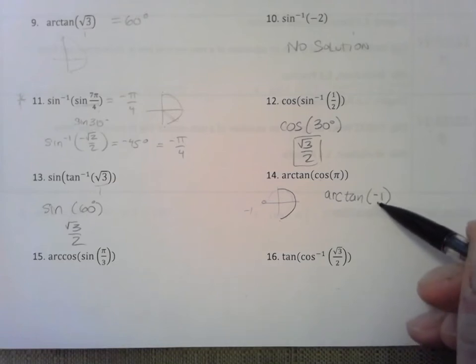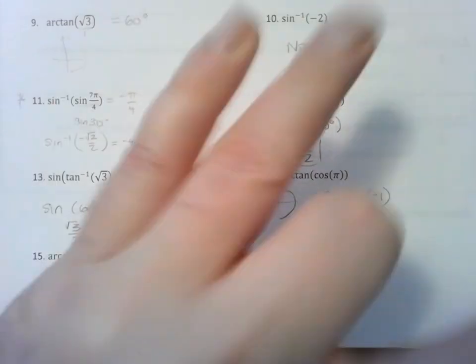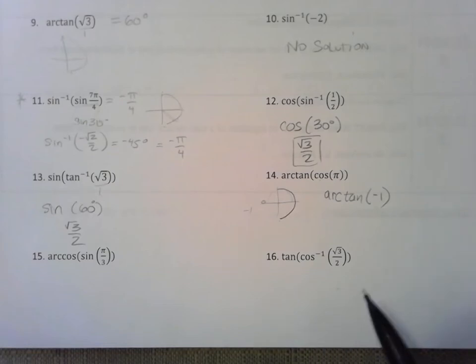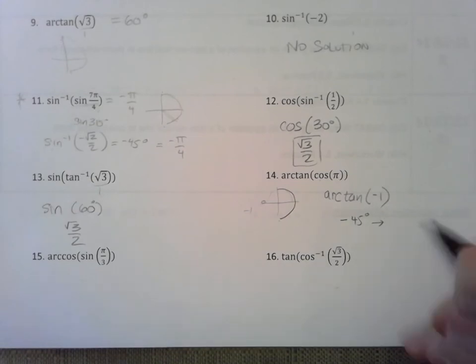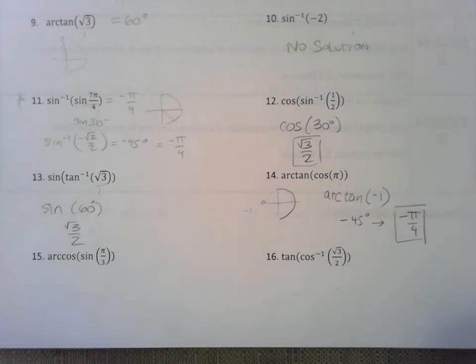When is your tangent negative? That would be in quadrant 4. When is it negative 1? When my 45 degrees is my reference angle. I have the same number of top fingers as bottom fingers. This to me says negative 45 degrees, but if they give me radians, I'm going to give it back as radians. That's sort of like the rule for me. So negative pi over 4.